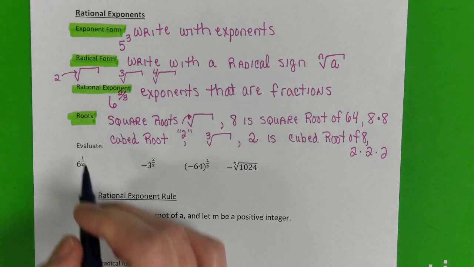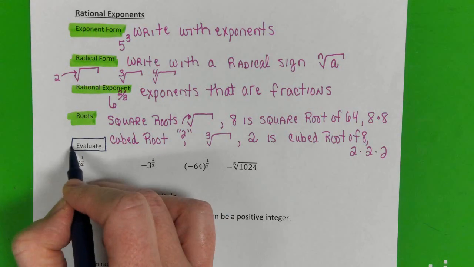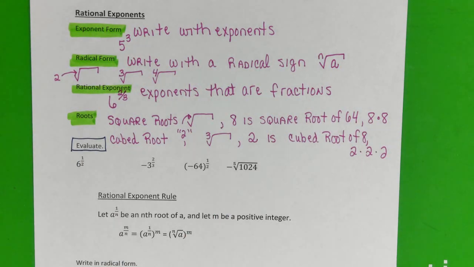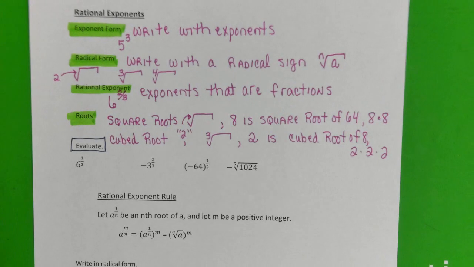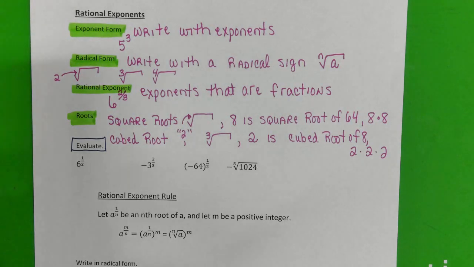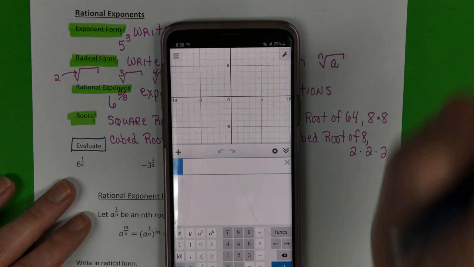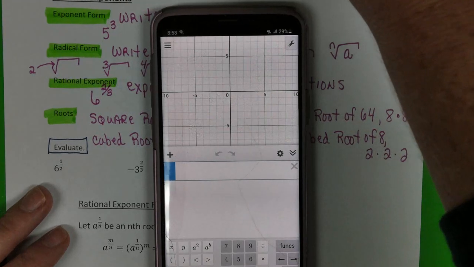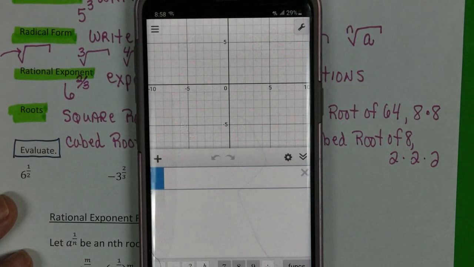Okay, in this first part, it says to evaluate. All we're doing here is evaluating each of these numbers with our calculator. I am going to pull up Desmos because I think that will be the best type of calculator to be using. I'm not sure how well just your basic phone calculator is going to do.